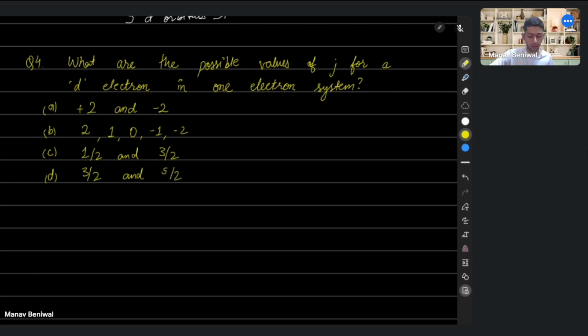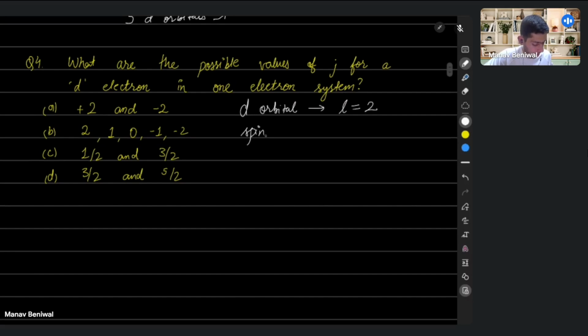When the electron is in the d orbital, what does that mean? D orbital means our L equals 2. And what is the value of the spin? Spin for an electron, s, is always 1 by 2.